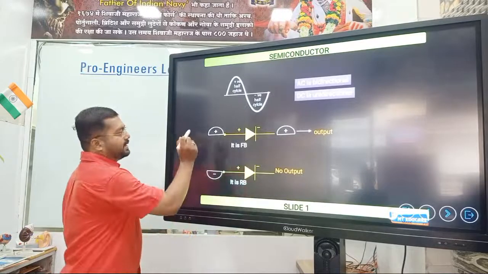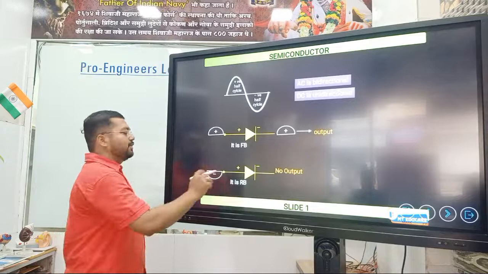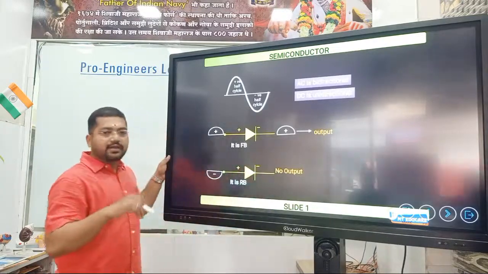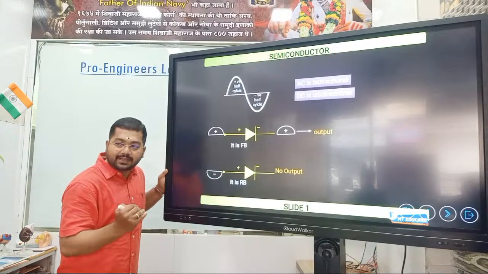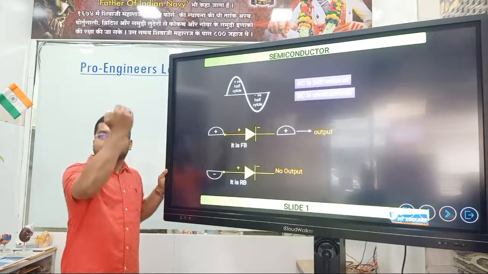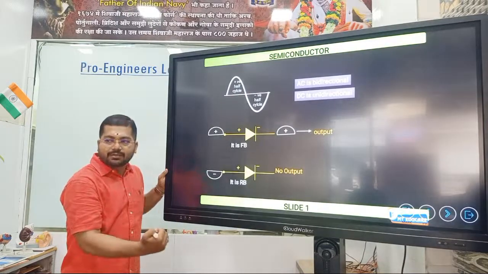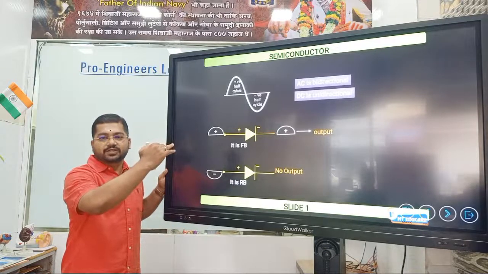In the PN junction, it works for the positive half cycle. It does not work for the negative half cycle. Why? Because for the negative half cycle, the diode becomes reverse biased. It means the negative terminal of the source will be connected to the positive terminal of this PN junction, and the positive terminal of the source will be connected to the negative terminal of the PN junction.